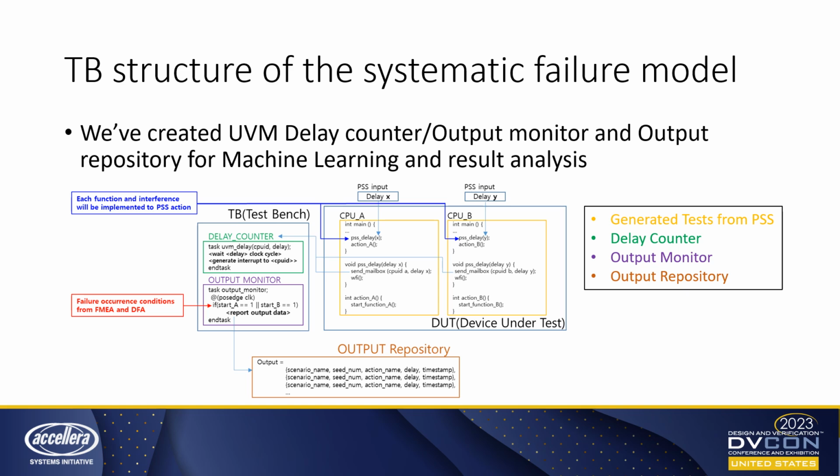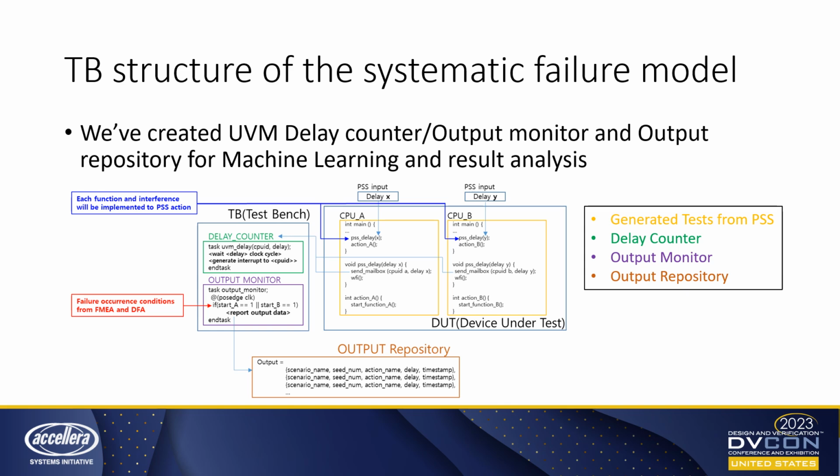The first one is the generated test from PSS, shown in the orange color box, and that is a software program that is automatically generated from the PSS tool.